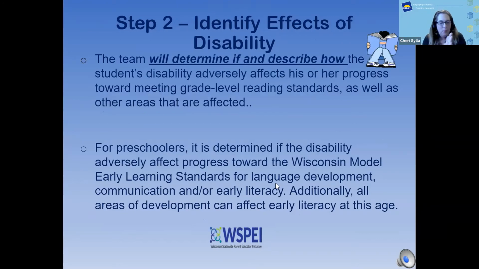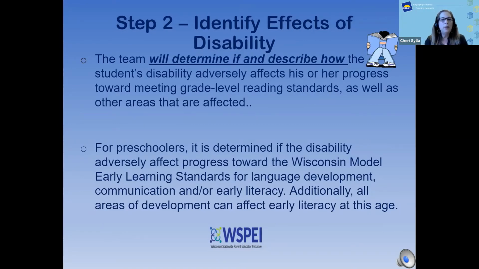All right, so we got through step 1. Step 2, this is where we look at the effects of the disability. This is where the team will actually determine if and describe how the student's disability adversely affects his or her progress toward meeting grade level reading standards, as well as other areas that are affected.